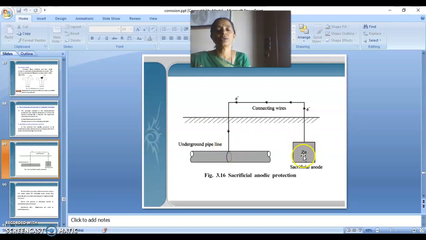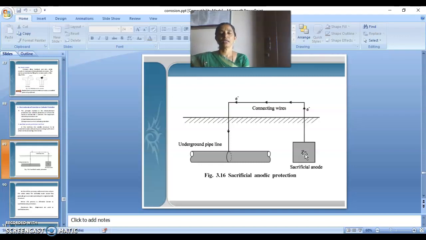Now, due to the corrosion undergone by this zinc, the underground pipeline iron material is protected. There is no corrosion occurring on this pipeline because the full corrosion is concentrated on this zinc material, because it is more active. Usually more active materials have the most chances of undergoing the oxidation process. The oxidation process is nothing but corrosion.